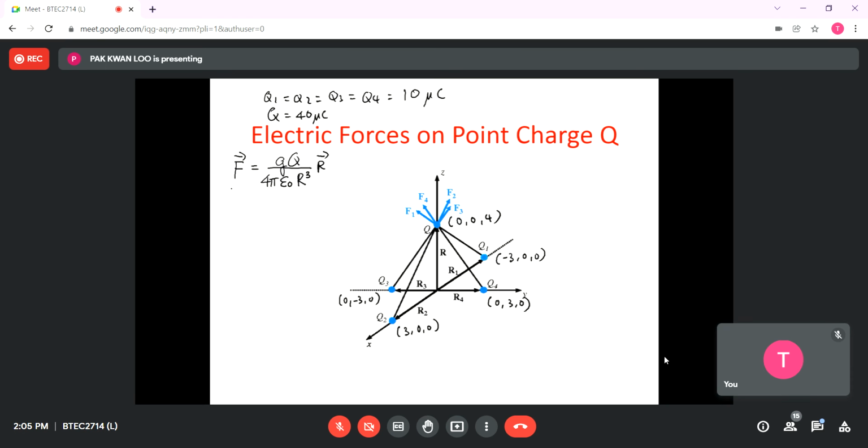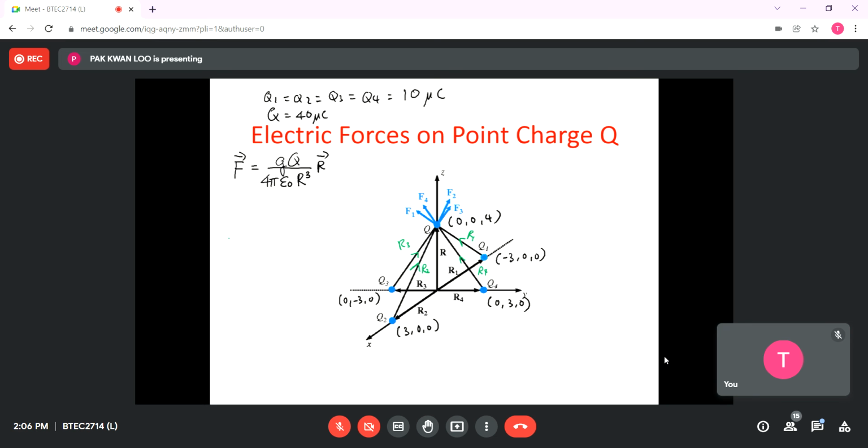All right. First, what we need to do is find the vectors representing the force exerted from the charges Q1, Q2, Q3, Q4 respectively towards Q. I will represent these vectors as R1, R2, R3, and R4.